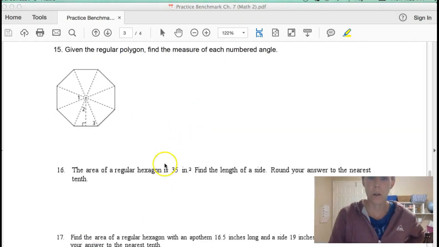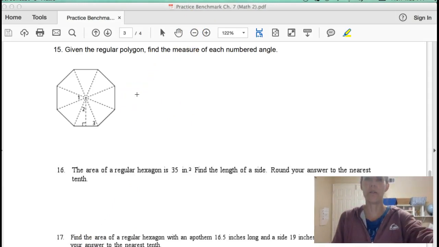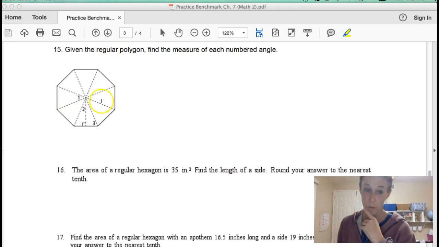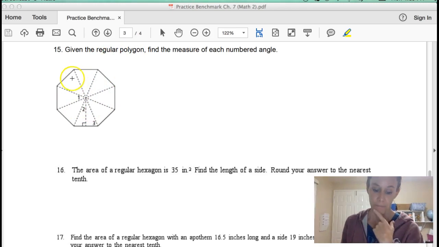All right. Let's go ahead and do number 15. Given the regular polygon, find the measure of each numbered angle. All right, knowing that it's regular means each angle is going to be the same measure. And since I have, let's see, how many angles do I have? 1, 2, that one's chopped up twice. So 1, 2, 3, 4, 5, 6, 7, 8.